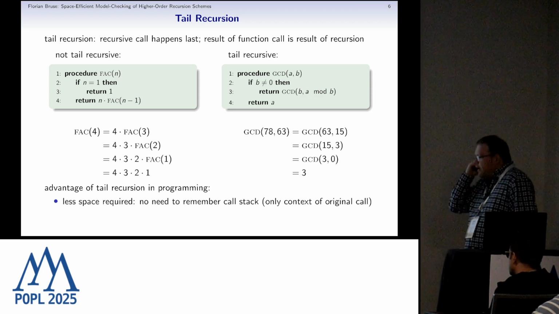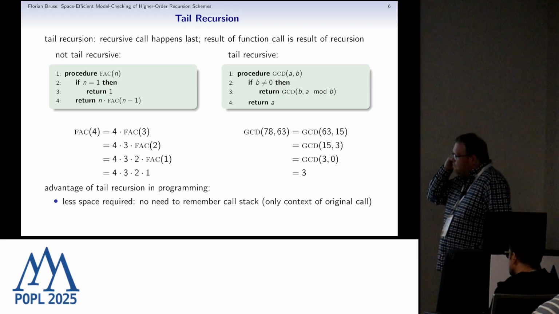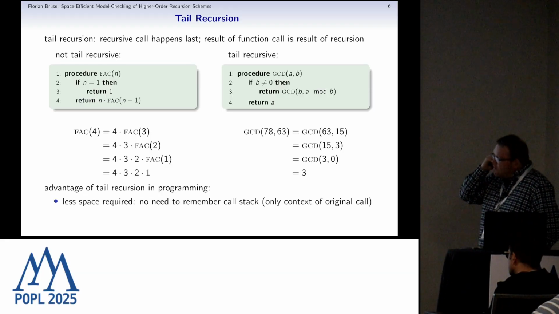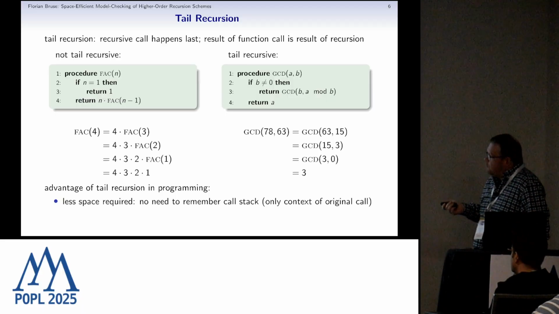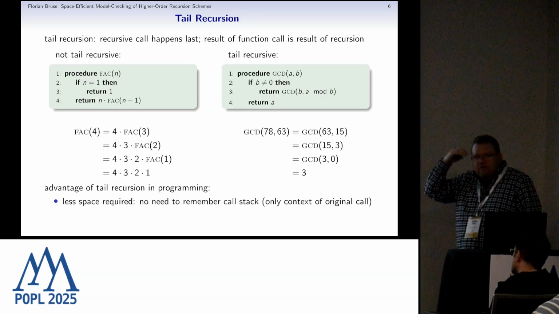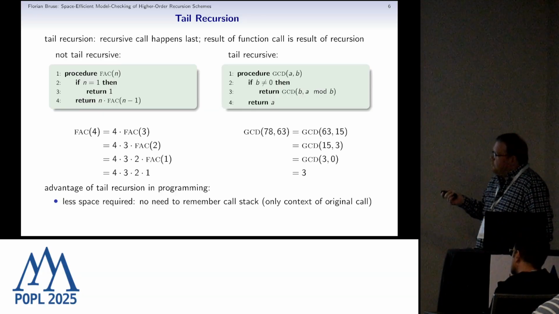In programming, tail recursion is quite useful because things like this don't require you to keep a calling context or something like that. You just have to remember, okay, I have to pass whatever I compute here back to the original caller.